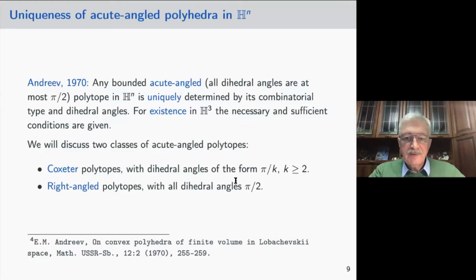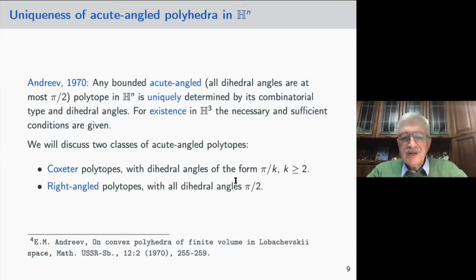Again, starting from dimension 3. So suppose we have a bounded acute-angled polytope, where acute means that all the dihedral angles are at most pi over 2, in a hyperbolic space.